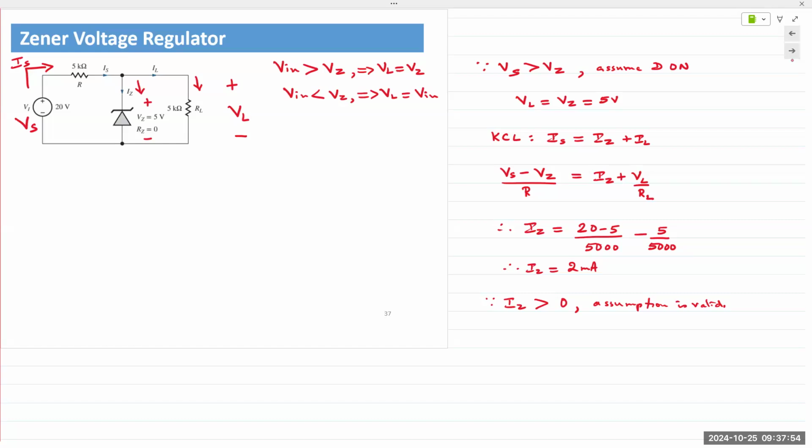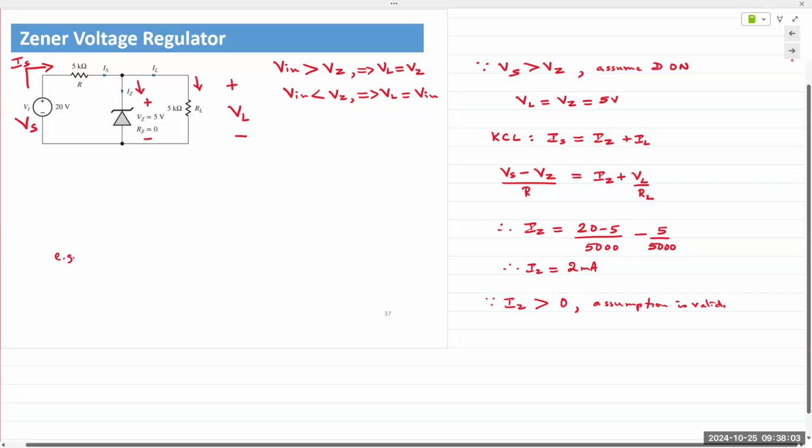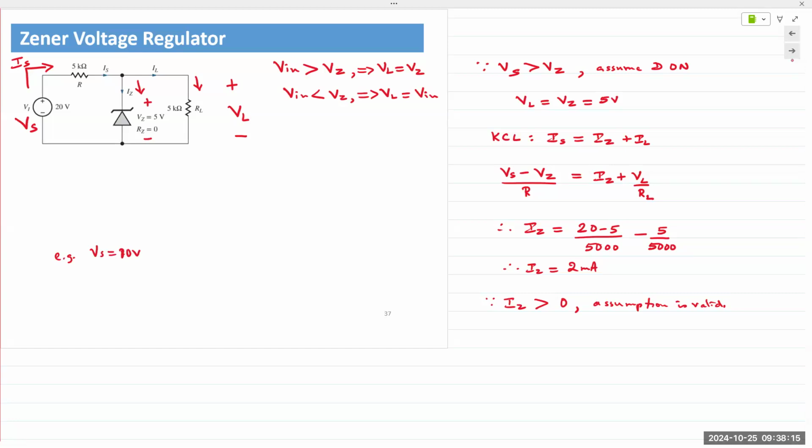But here's the point of how and why it works as a voltage regulator. Let's say Vs, the source voltage, is 10 volts. Okay. If it's 10 volts, Is will have some value, right? Is will have some value which will be lower.